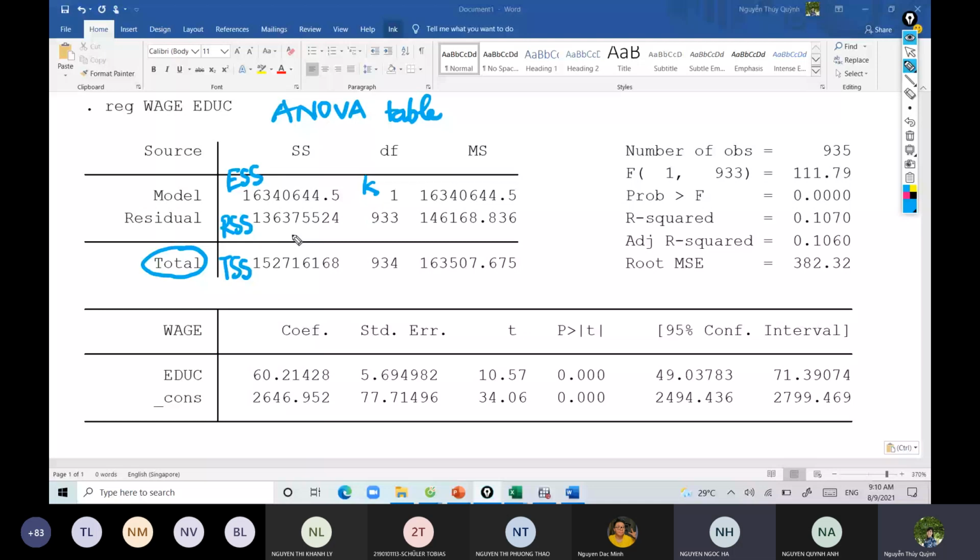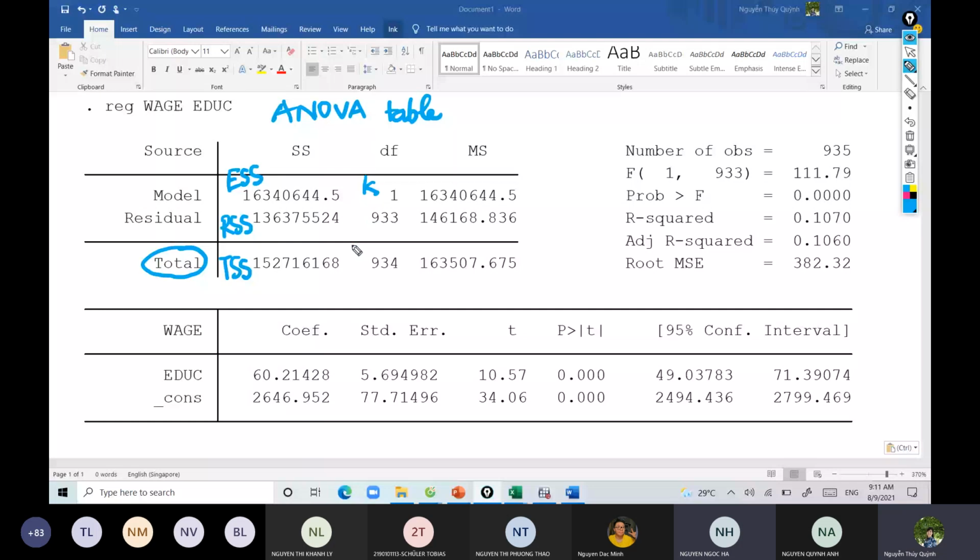We use this degree of freedoms when we calculate the variance of the residuals.